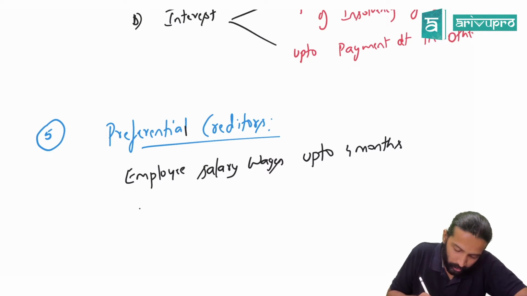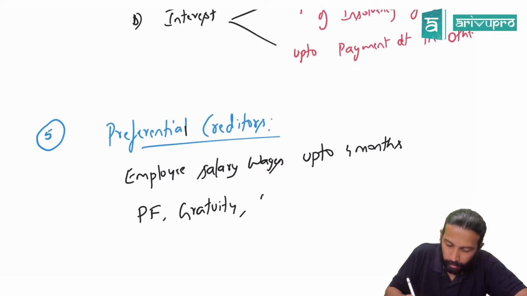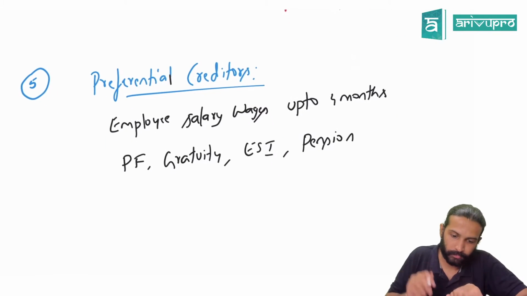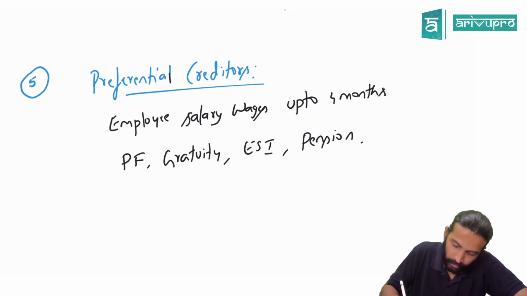Then you can write PF, Provident Fund, gratuity, ESI, pension, and you can write workman compensation.